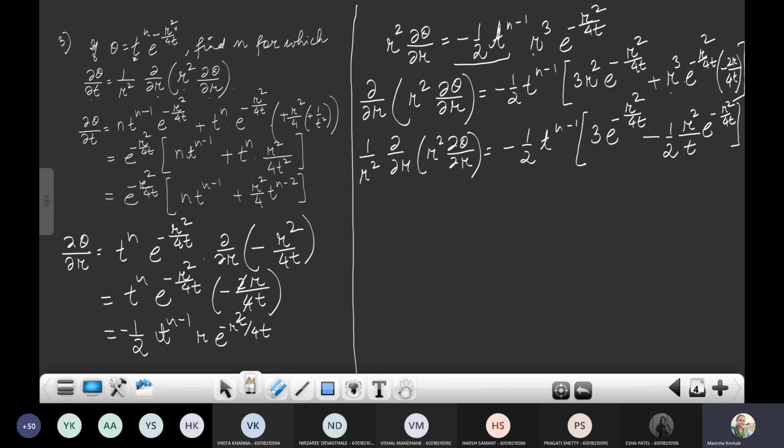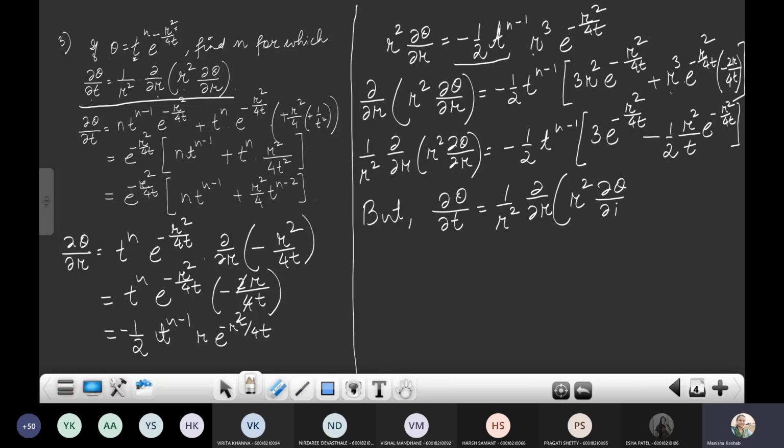Now it says that find n for which this is true. So what we are given is del theta del t is equal to 1 by r square del r of r square del theta del r. Now let us substitute the value. So del theta del t, we have found this.